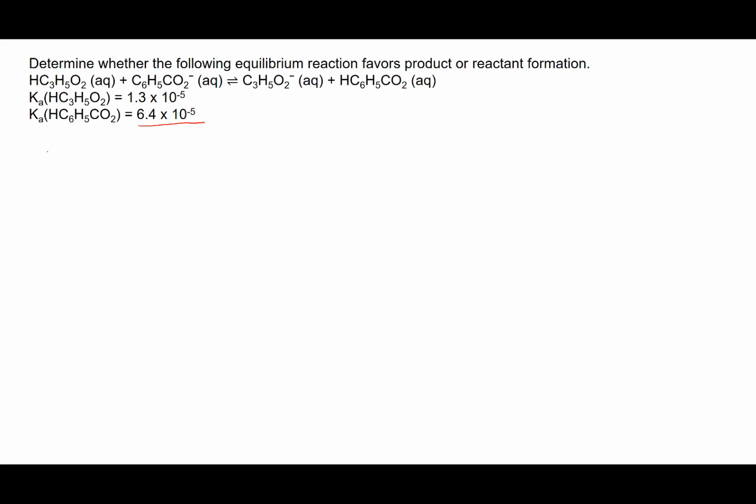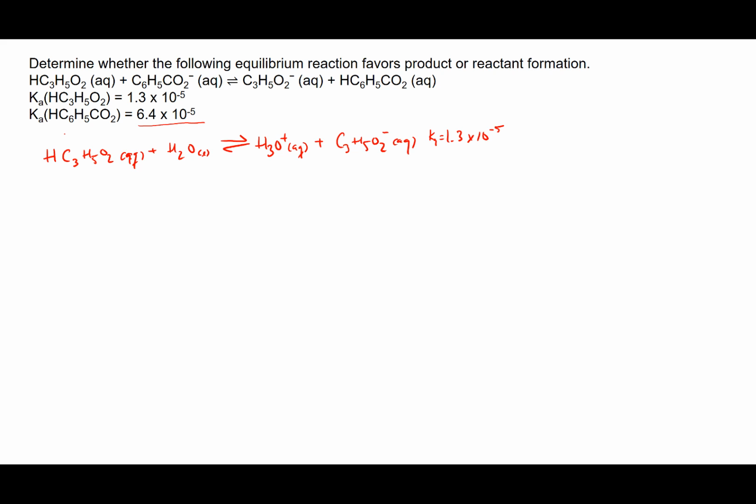In the case of the propanoic acid, we have HC3H5O2 aqueous reacting with H2O liquid to form H3O plus aqueous plus C3H5O2 anion aqueous. And this has that K value of 1.3 times 10 to the negative 5. That's the Ka in this case.